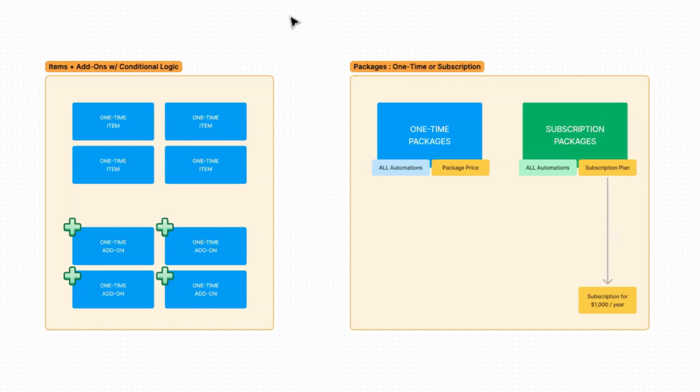The way that you're able to combine add-ons, items, or packages is exactly how the checkout form will work. The only difference is the checkout form will take a payment. The proposal just lets them choose, and then they sign to agree, right? Which makes sense.